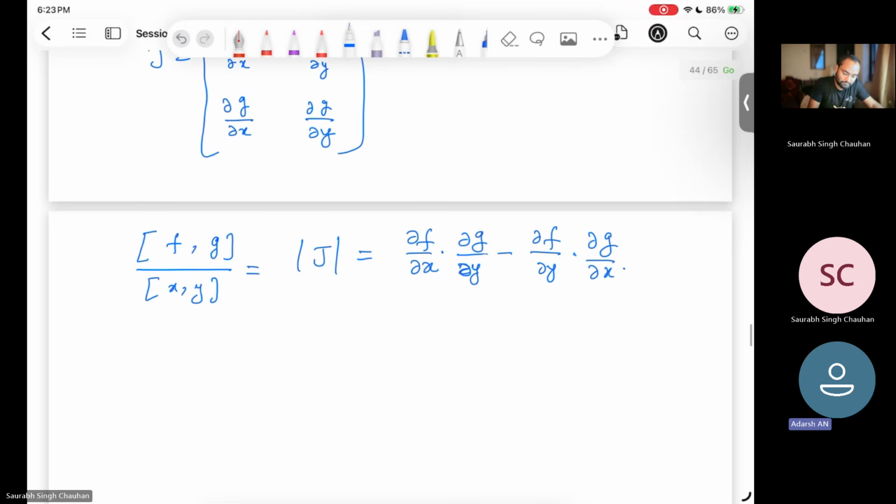Sir, did you share your screen or something? Not able to see. I am sharing the screen. Can you see I am writing? I'm not able to see the video, I think. But I am able to. I will just leave and join once again. Okay, okay.